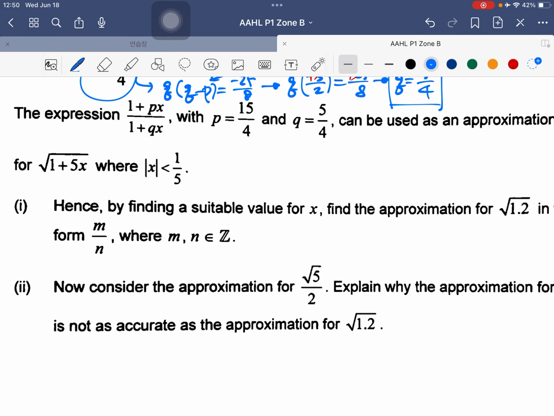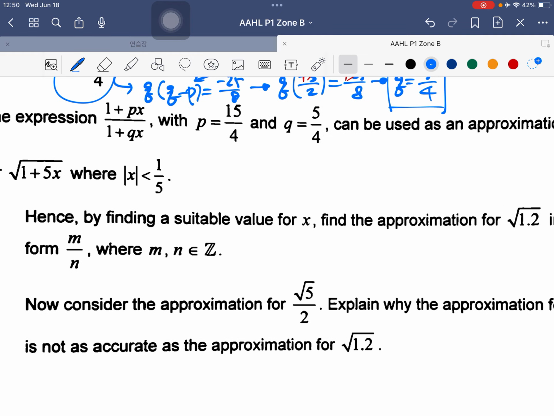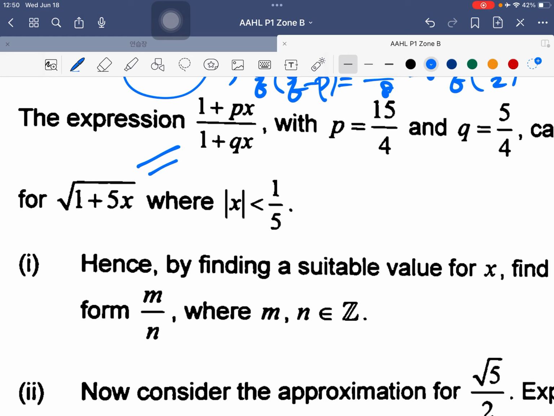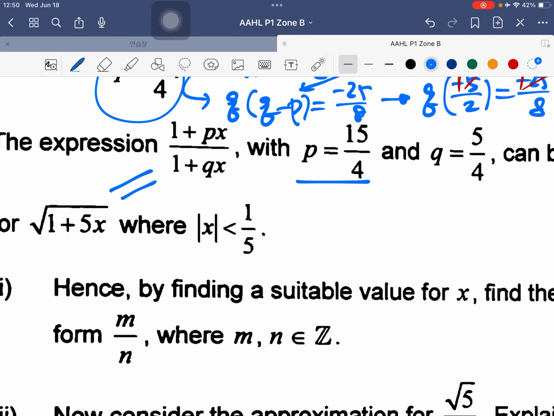So in the question it says that this is exactly the same when P is this value and Q is this value.